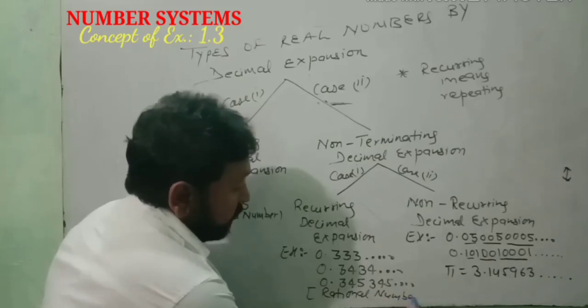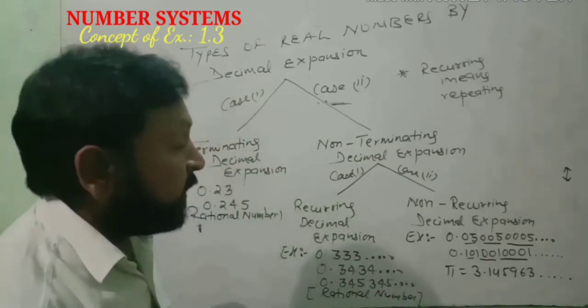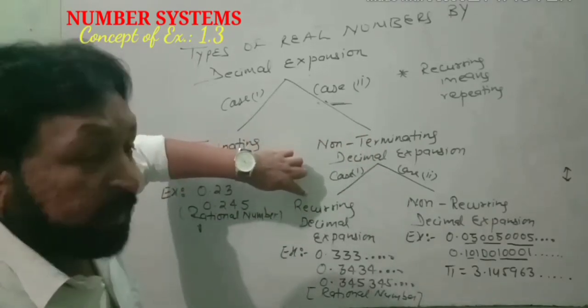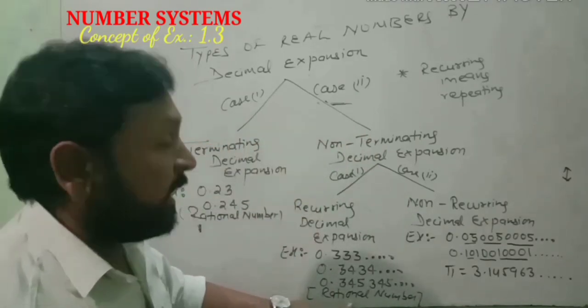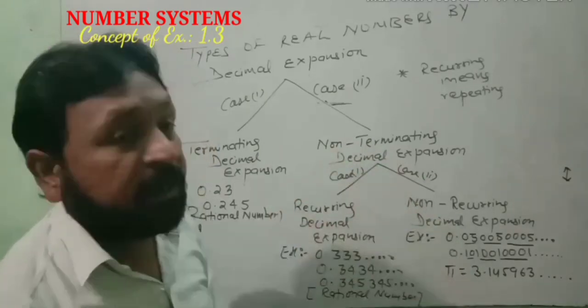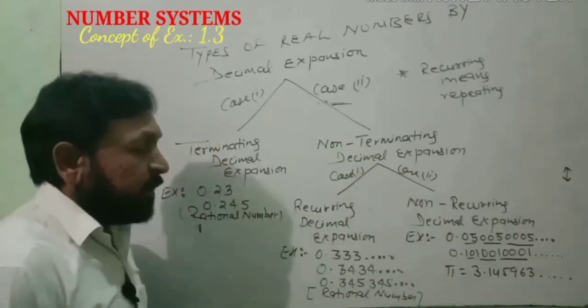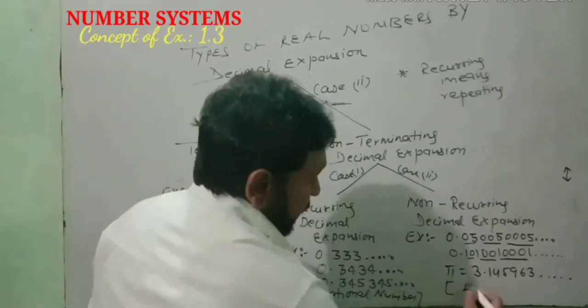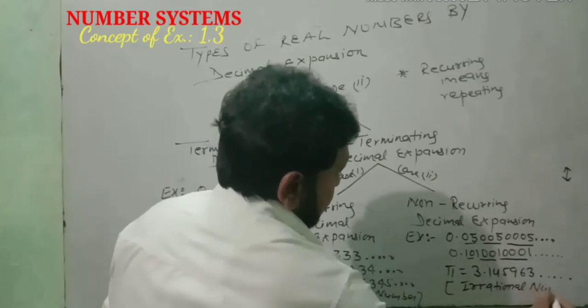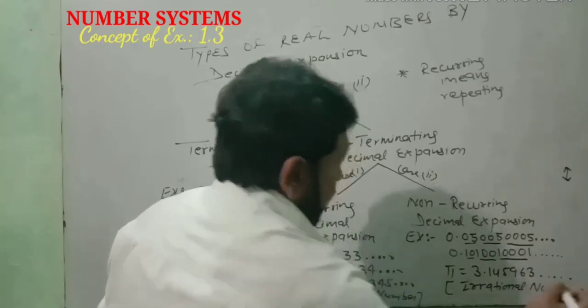The numbers which give the decimal expansion of type non-terminating, recurring, those numbers are rational numbers. Whereas non-terminating, non-repeating decimal expansion, those numbers, we know it, they are irrational numbers. Is it clear?